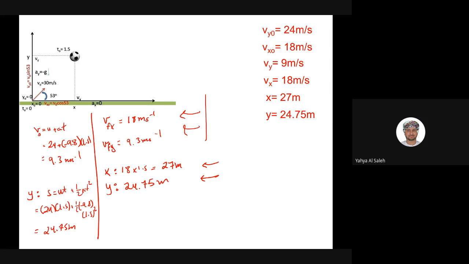If it had asked for speed, then speed would be 18 squared plus 9.3 squared, all square rooted, and it will be 20.26 meters per second. I'll just write it as 20.3. This is speed. Velocity. Speed. Excellent question.